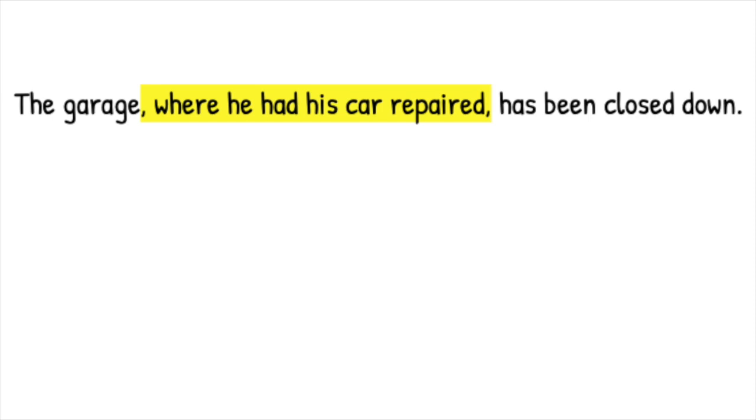Now where is the relative pronoun, and this is used to introduce the relative clauses. Relative clauses are used to say which person, thing or place we are talking about, or give extra information. And in this case, the noun comma where, it's all about the place. And the place is the garage.